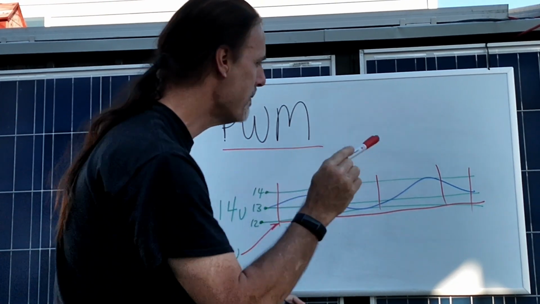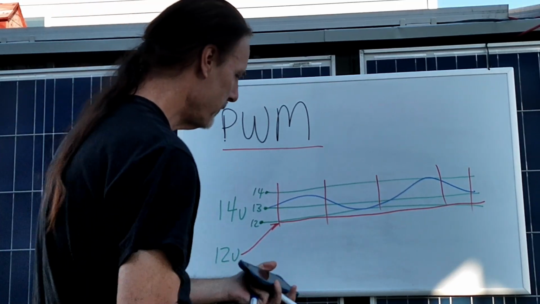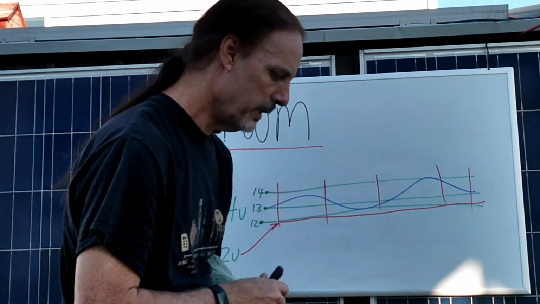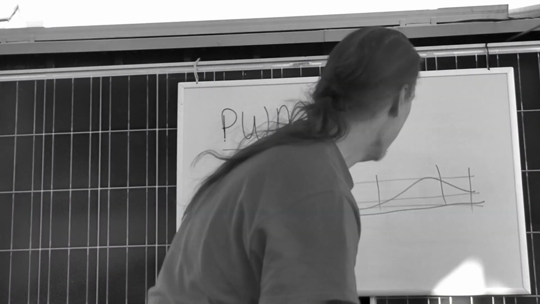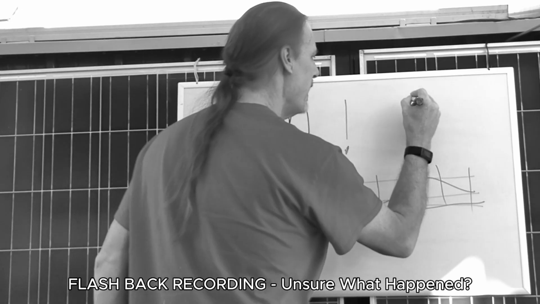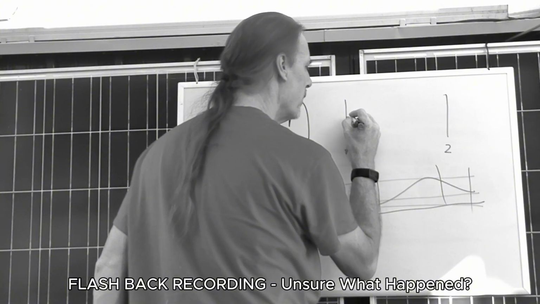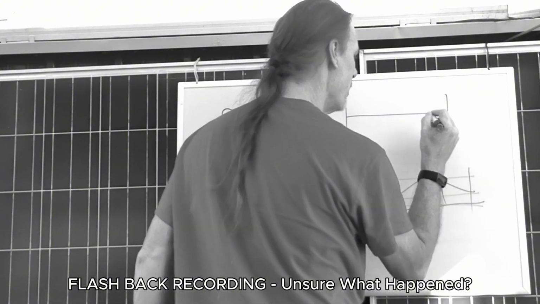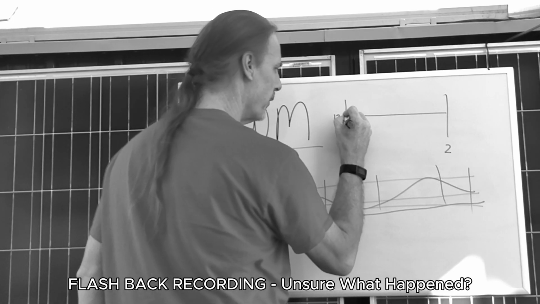The PWM, pulse width modulation, means exactly that. So if you broke this power down into hundreds of milliseconds, and you had second 1 here and second 2 here, this power runs across like this, creating that voltage at, let's say, 13 volts.